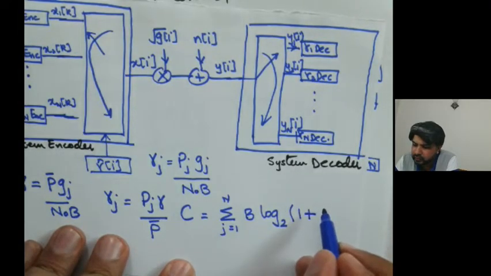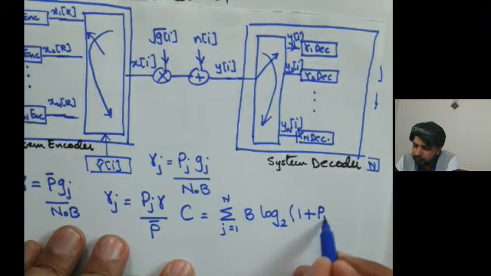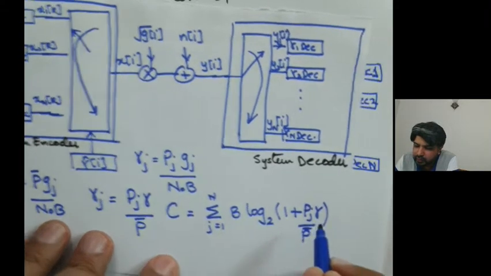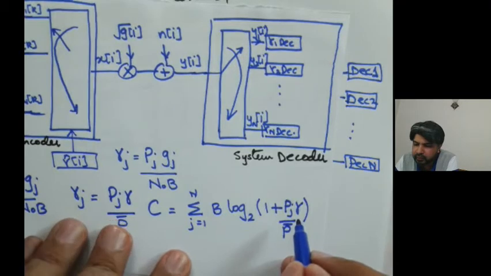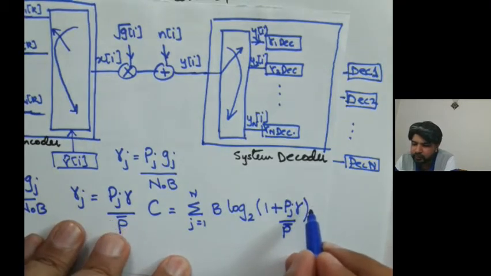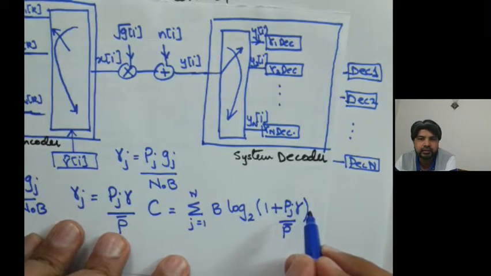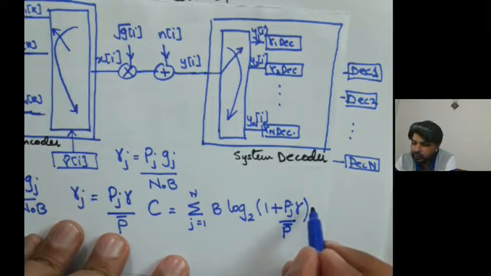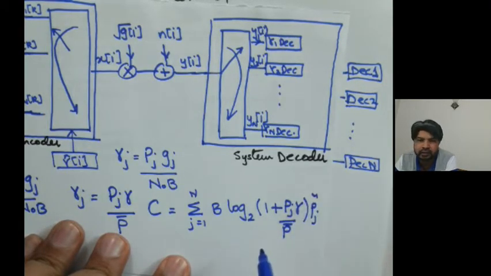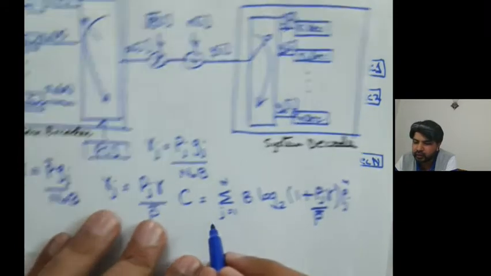But now the signal to noise ratio would be equals to Pj gamma over P bar, and all of this has to be multiplied with the probability that the system is in the jth state. Let me call that probability as pj tilde.